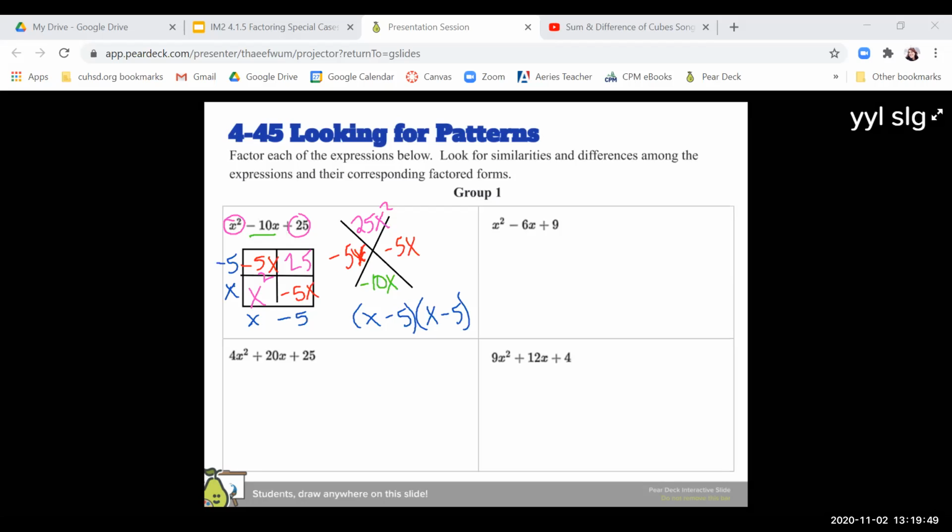All right, and I'm just monitoring your progress now. So keep in mind, I can tell who's participating and who's not. I see 5 people who have not put anything on their slide yet. So if you're doing this on separate paper, just make sure that you indicate to me what's going on, okay?